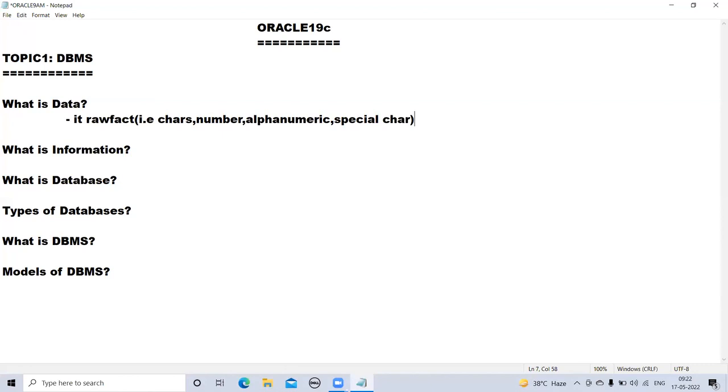But guys, when we check, by using any characters we can take numbers, alphanumerics or special characters. All these combinations we call a raw fact, and the raw fact is simply called data.